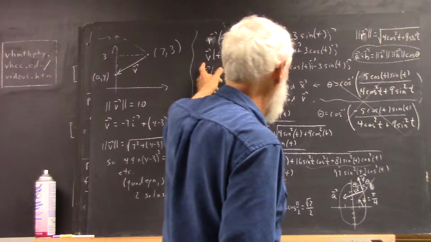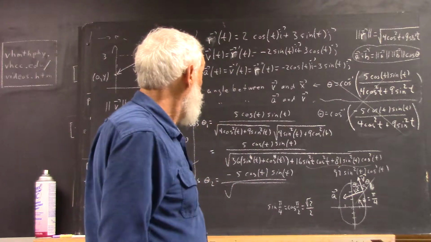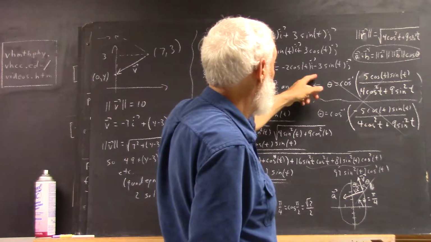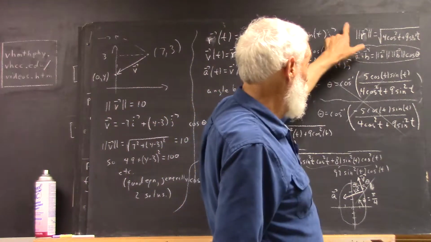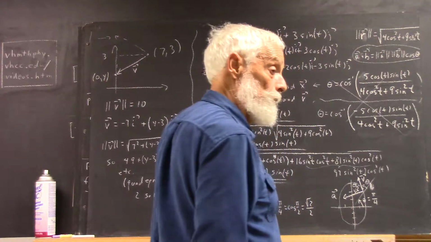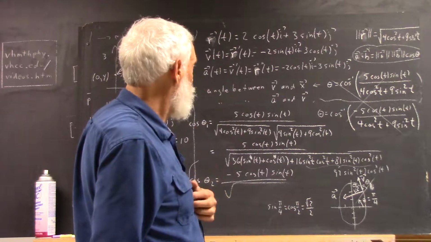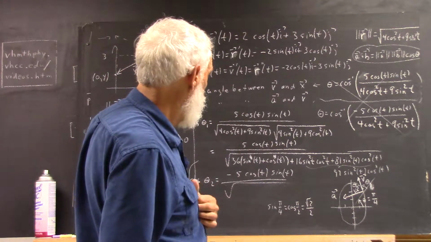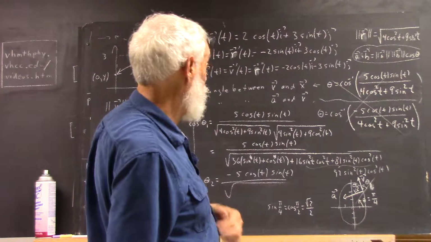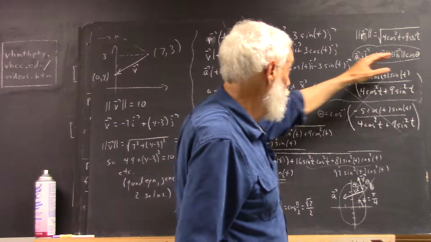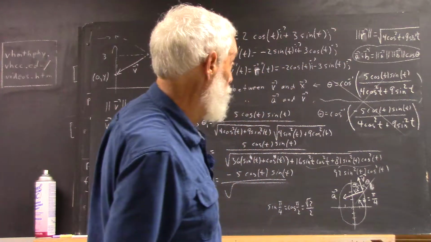Then the magnitude of a turns out to be exactly the same as the magnitude of r. There are reasons for that, but we won't get into the analysis of the kinematics of it. We just want to illustrate these components.